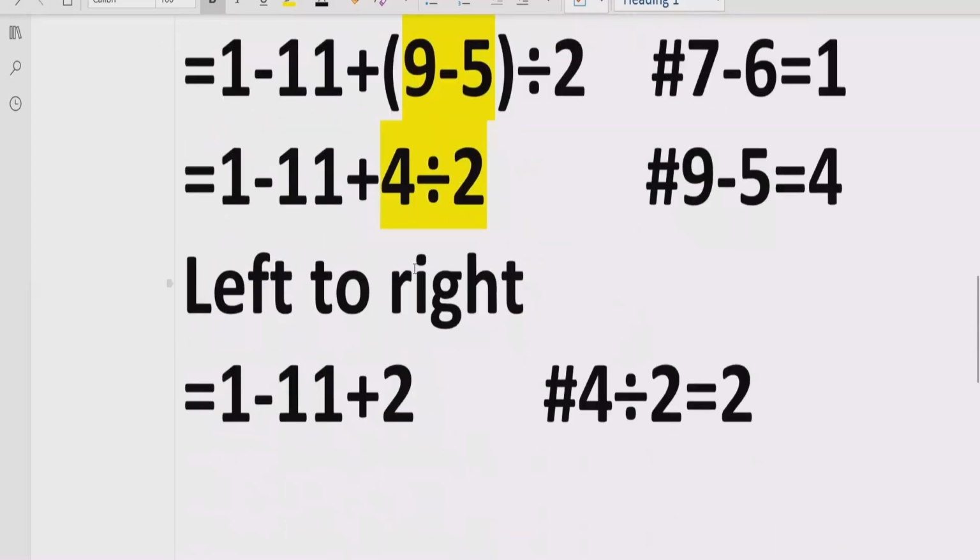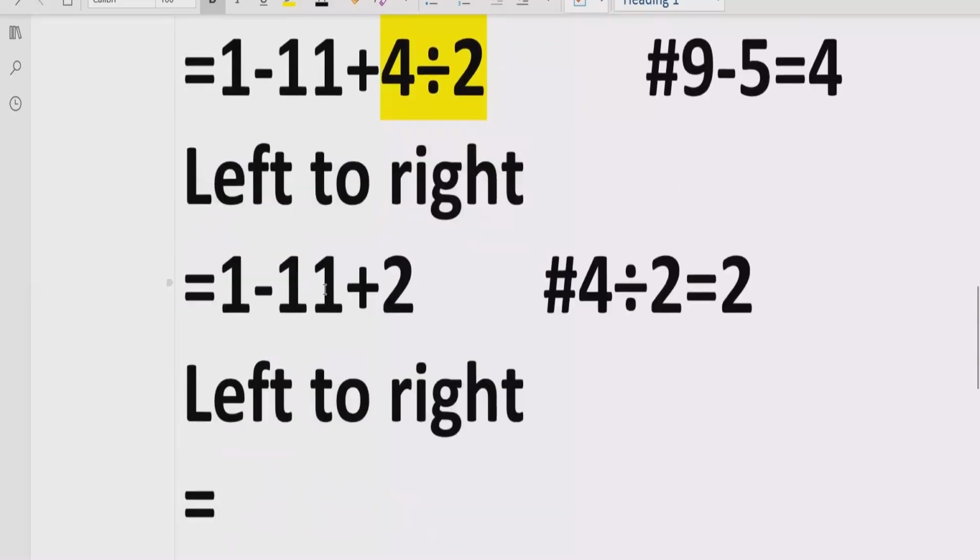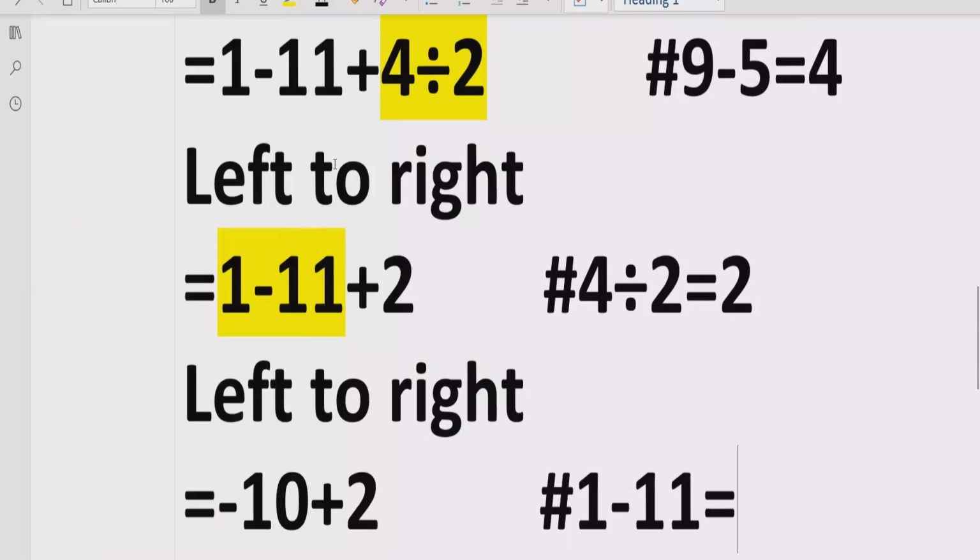So again, we have to go left to right in this expression and find out which is coming first. So first we have 1 minus 11, which is minus 10 after solving, and plus 2. And here we will give the reference 1 minus 11 equals to minus 10 because we have the minus sign with the larger number. So that's why we will show the minus with the 10.